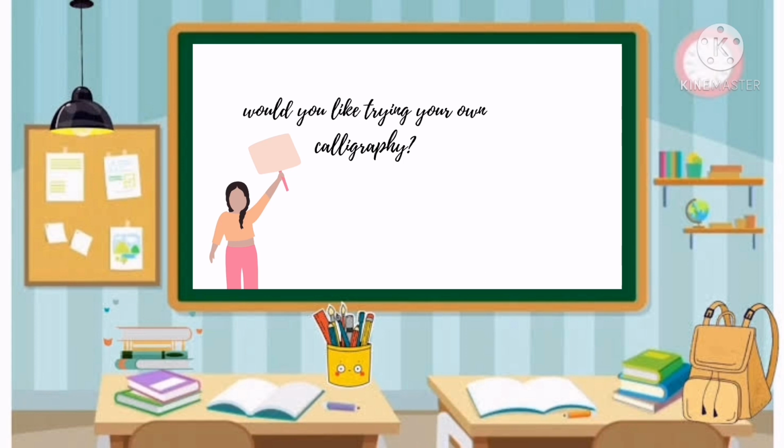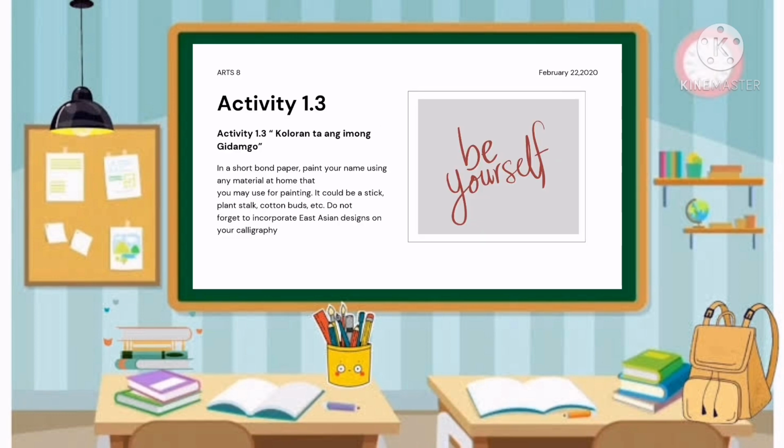Now students, would you like to try your own calligraphy? I bet you do. Our Activity 1.3 is entitled Kuluran ta ang imong gidamgo. The instruction is, on a short bond paper, paint your name using any material at home that you may use for painting.